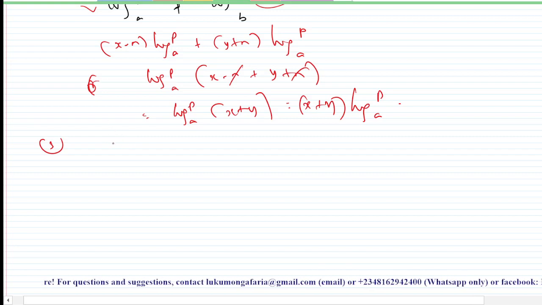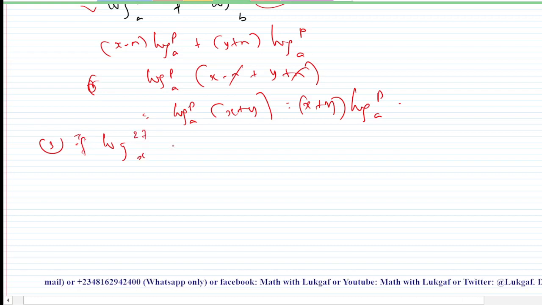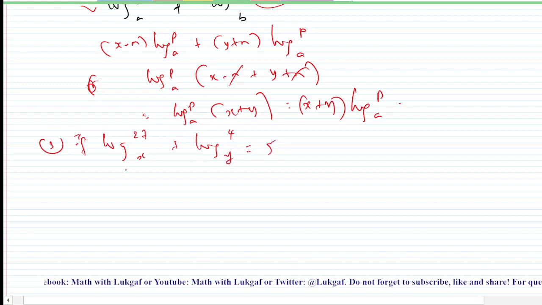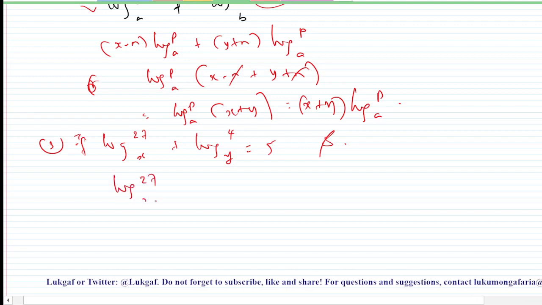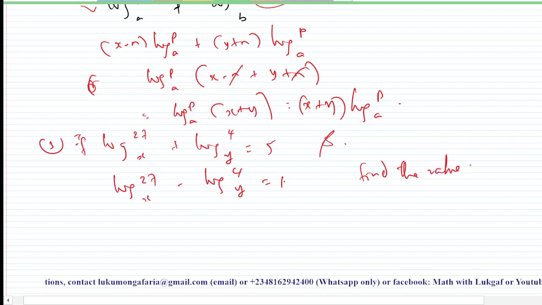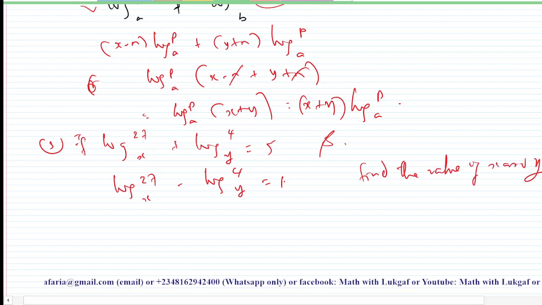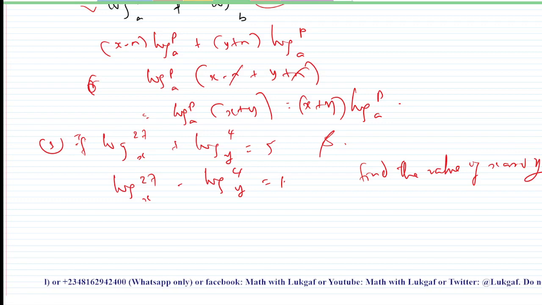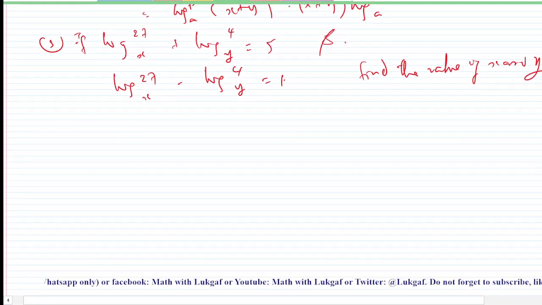Let's say the question says: if log 27 base x plus log 4 base y is equal to 5, and log 27 base x minus log 4 base y equals 1, find the values of x and y. You can see this is a system of linear equations.